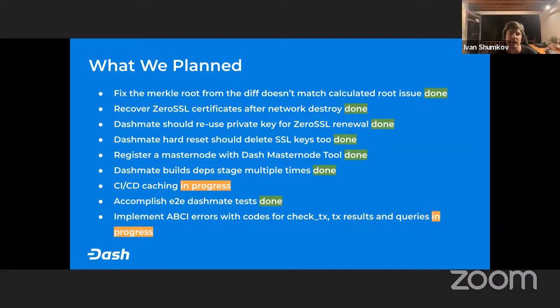We removed options with mobile wallets because we realized that the functionality in the wallets is not there yet. Even if you create and generate keys with mobile wallets, you still need to move these keys to the core wallet to sign the ProTx transaction, which is not a great approach. So for now, Dashmate provides only two options: Dash Masternode Tool and core wallet.